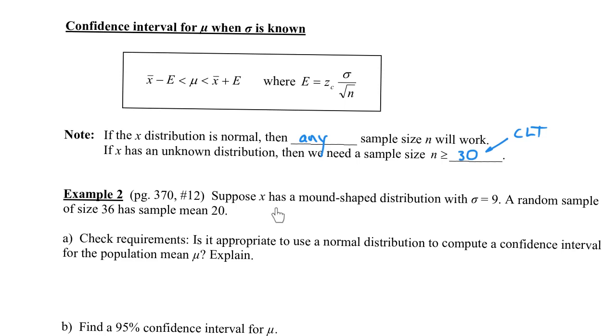So I don't like this wording because it seems like a gray area, right? Because it seems like, well, maybe they're saying it's mound shaped enough to be normal. I wish they just wouldn't have said that, because then it makes it clear, okay, we're still okay because of this.